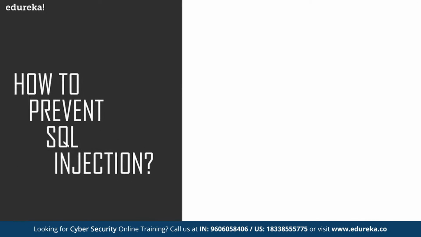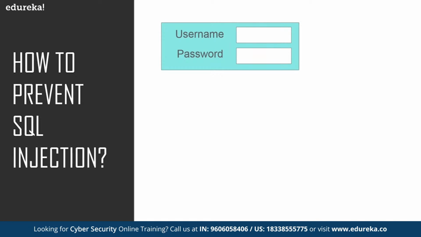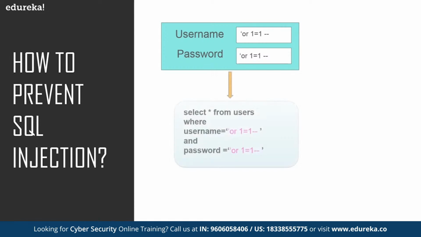So what we actually did was there was a username and the password field and we entered the malicious string in the username or the password and we could log in successfully. Now when you use the methods that I use in the code, the whole malicious string is considered as a string and the inverted comma used is also considered as a string.